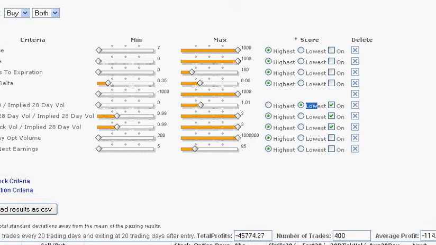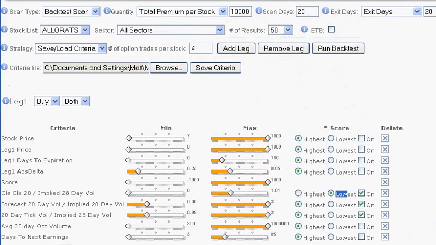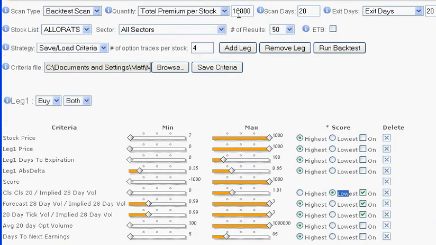So the reason I've done these together, and I do 10,000 premium per stock, is that this roughly offsets. Over the last year, it's been better to be a seller of volatility, but by selling and buying at the same time, we could get what we believe is edge. Let's just say selling has been profitable. Well, yes, we've profited in our selling strategy, but we've lost money in our longs.